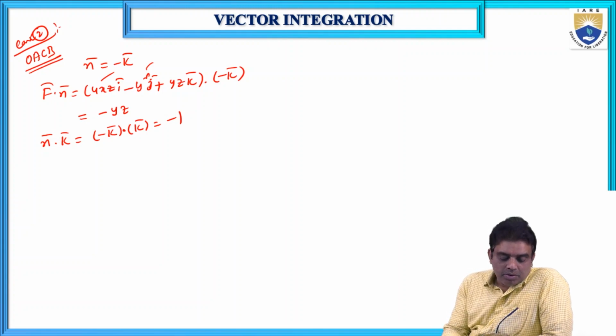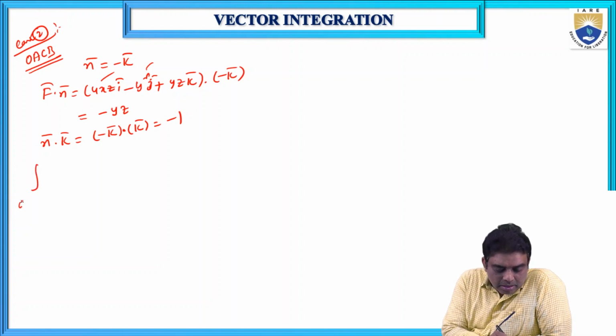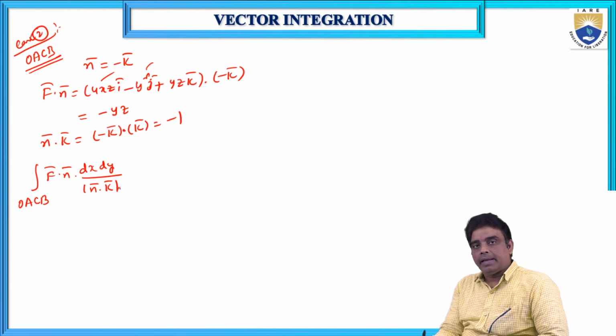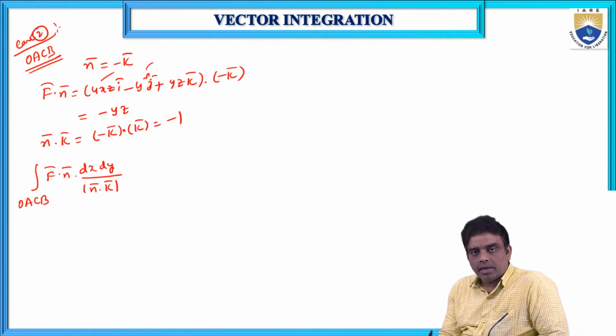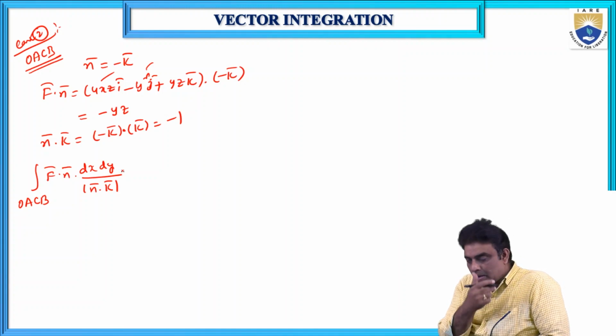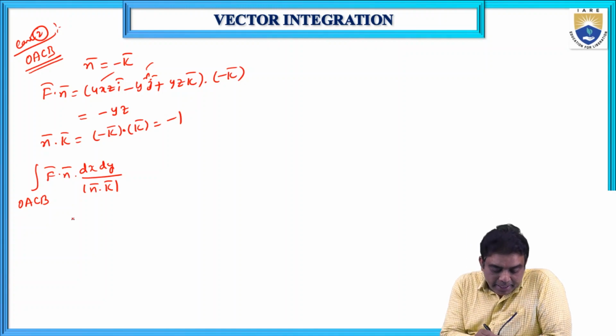Now we have to evaluate the integral along the surface OACB of f bar dot n bar into dx dy by magnitude of n cap dot k bar, since the projection is in the xy plane. That is the case 2 evaluation of the surface integral along the surface OACB.